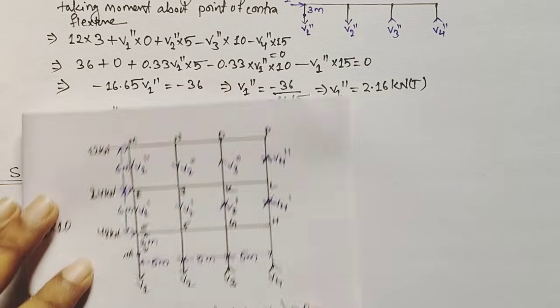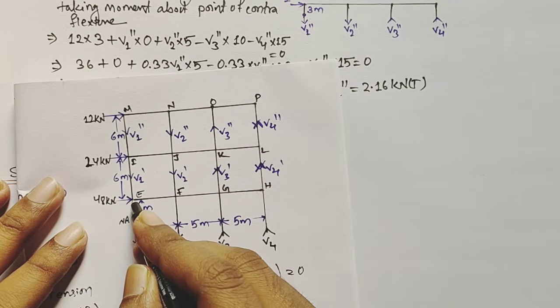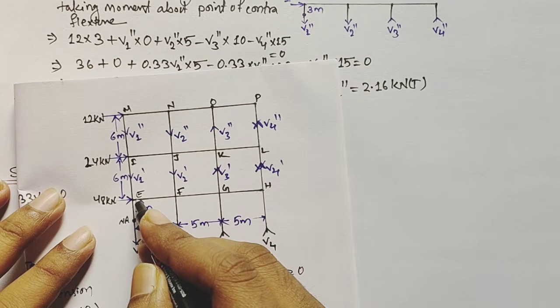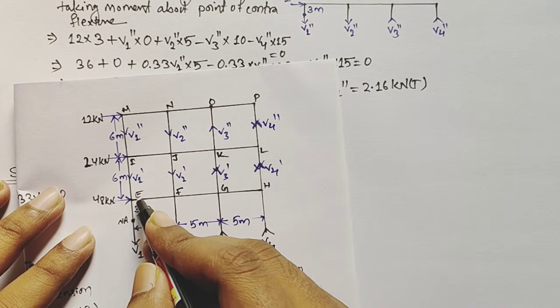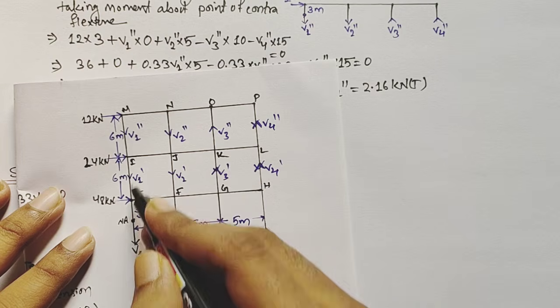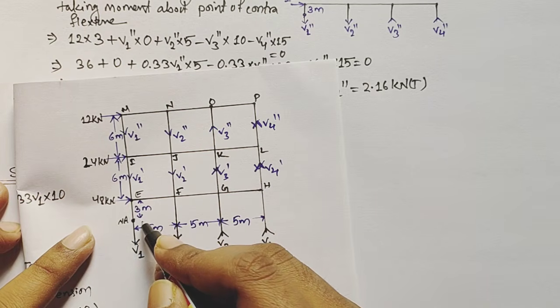So guys, while calculating the shear at the beams, suppose we are calculating the shear at E. In that case, the axial forces which are moving toward the point E or joint E will be taken as positive, and the force which is moving away from E will be taken as negative.